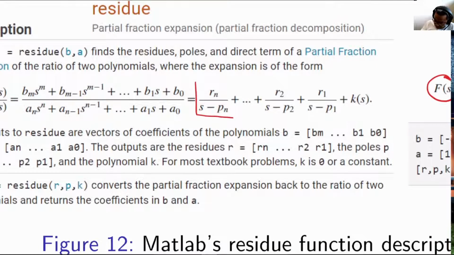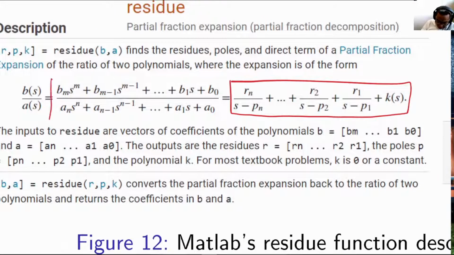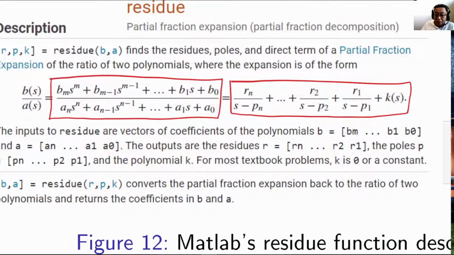On the left we have the numerator as a polynomial of degree m, and the denominator as another polynomial of degree n. However, there is no lookup table that has this form. Instead, the lookup table would often have this form. We want to convert from the left to the right.